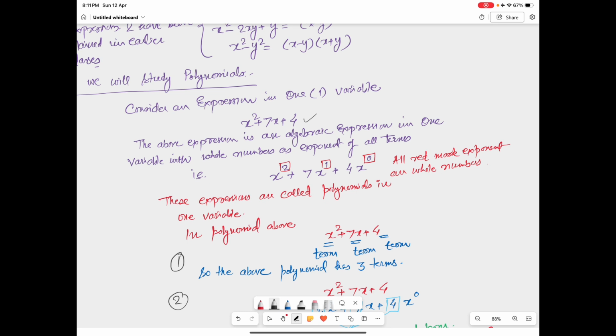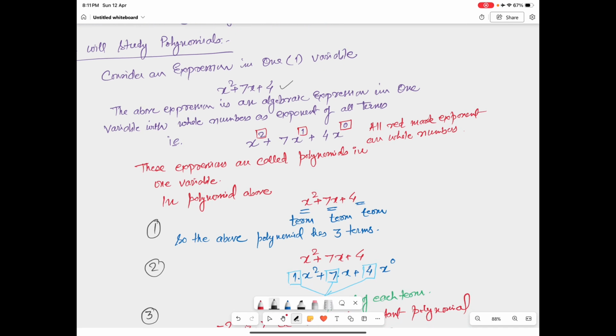These expressions are called polynomials in which the exponents are whole numbers. In the polynomial x square plus 7x plus 4, there are three terms. The first term is x square, the second term is 7x, the third term is 4.